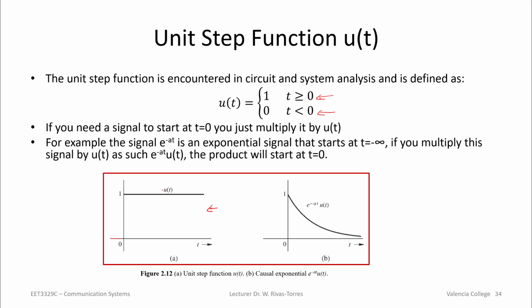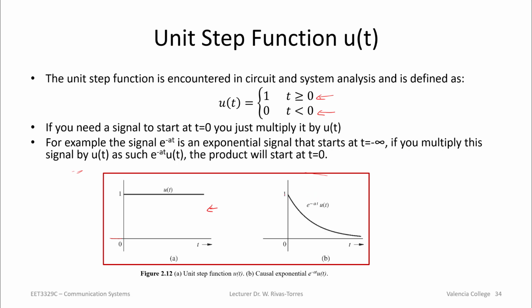Here's an example. This exponential function would have continued from the negative side. No, that's not the right way to draw that, but hopefully you guys get the idea. I don't think my drawing skills are up to par today.